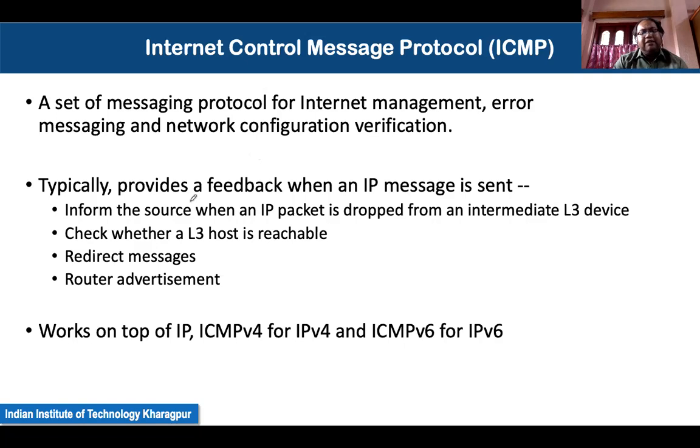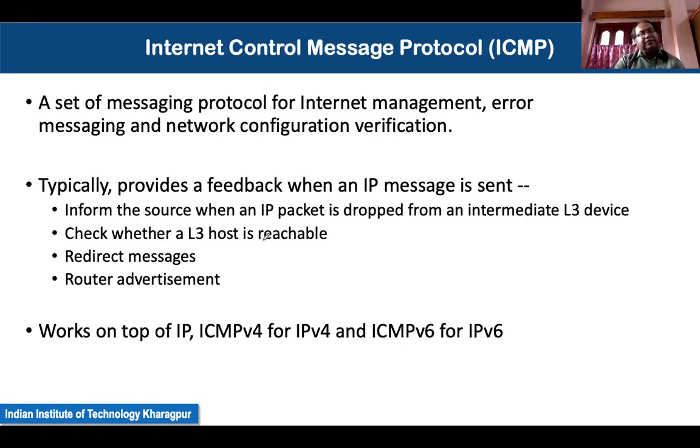Typically, ICMP provides feedback when an IP message is sent. For example, it informs the source when an IP packet is dropped from an intermediate L3 device, or checks whether an L3 host is reachable. It can redirect messages. It can make a router advertisement. So there are various purposes for which ICMP is used.